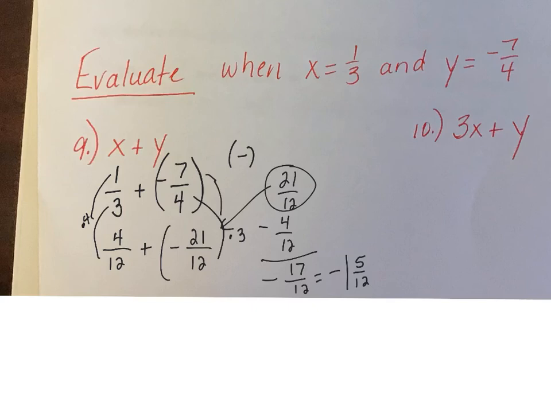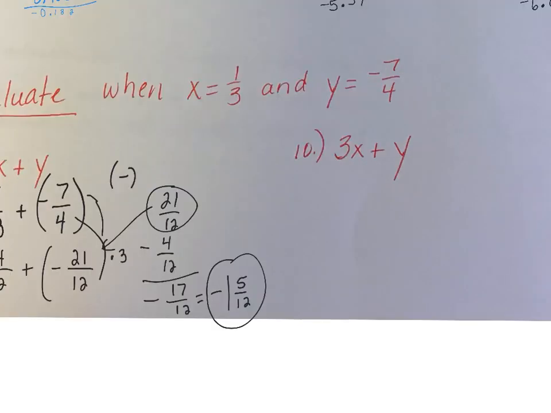It's -1 and 5/12. If you look at 3x plus y, when 3 is sitting next to x, it means to multiply, right? So I'm going to put a little dot in there if I want to. Let's substitute in. We're going to write 3 times x is 1/3 plus y is -7/4.